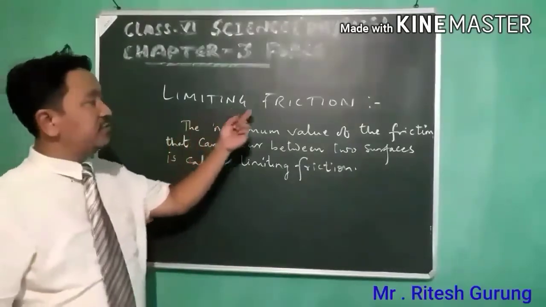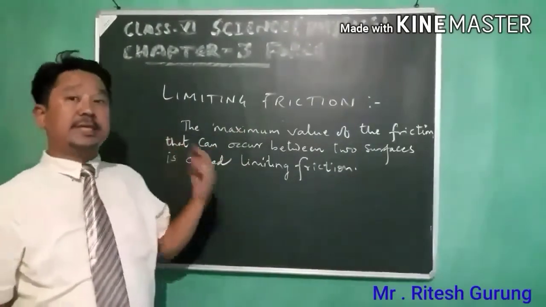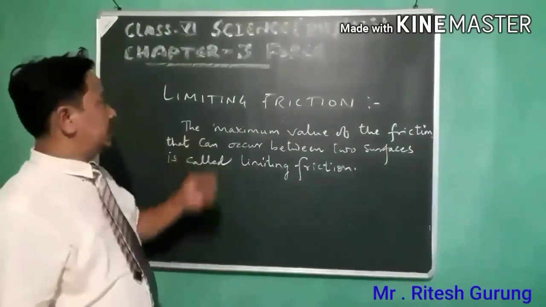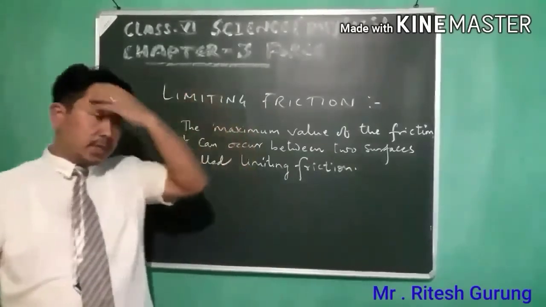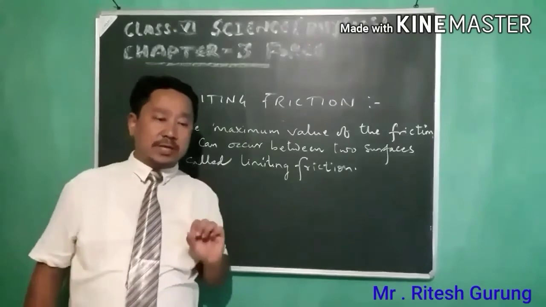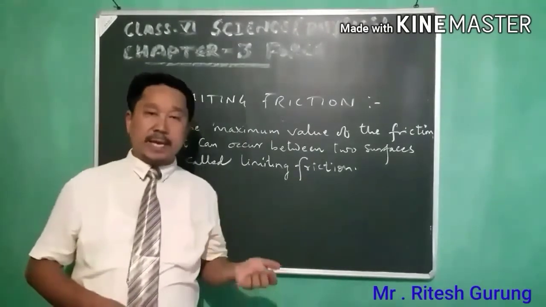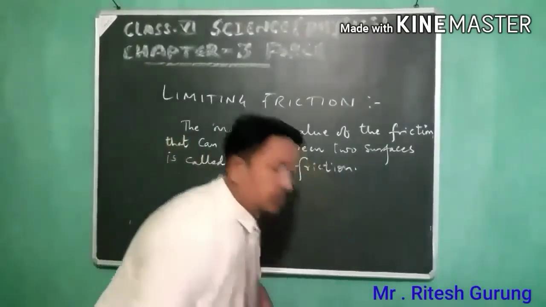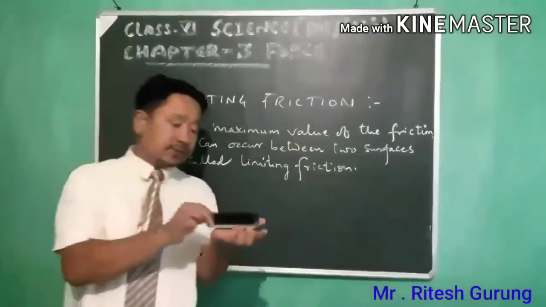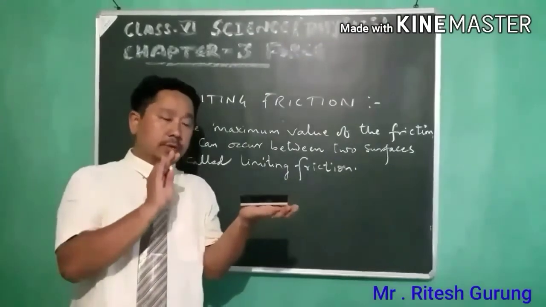Now limiting friction. The last point of this entire chapter is limiting friction. What does limiting friction mean? Suppose something is kept on the table, say this duster.